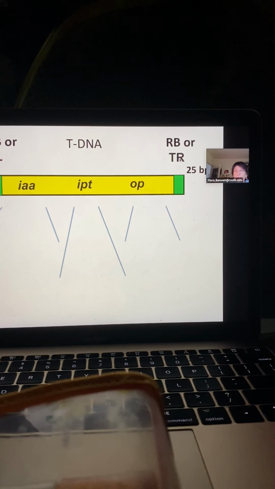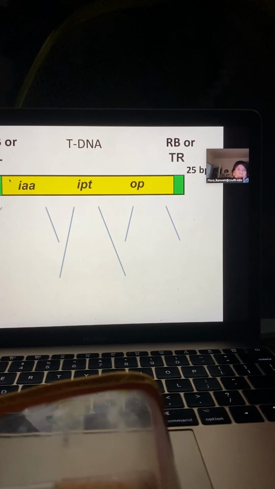One is called the RB and LB, for right border, left border. Either term is fine, okay? Whatever you want to use. But these are 25 base pair repeats, which are very important in the transfer process.